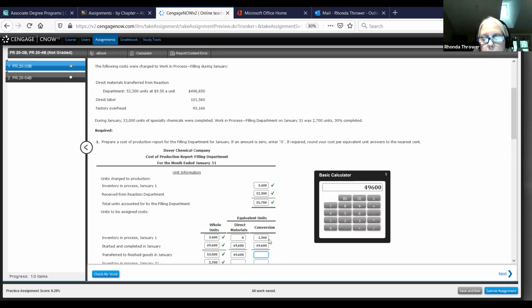Excuse me, that's not correct. For our conversion, we're going to add beginning inventory units that we need to finish this period, which were 40% of the 3,400. This 1,360 is going to be added to our started and completed units, and that will tell us what we transferred.